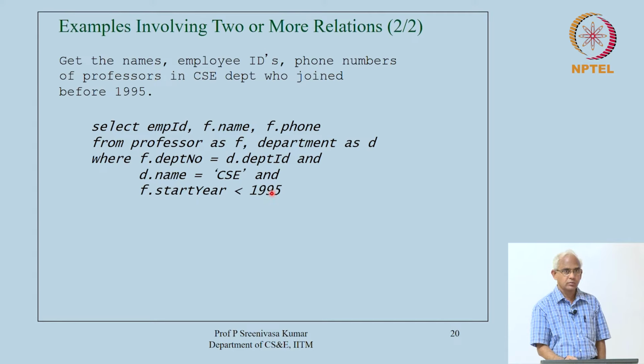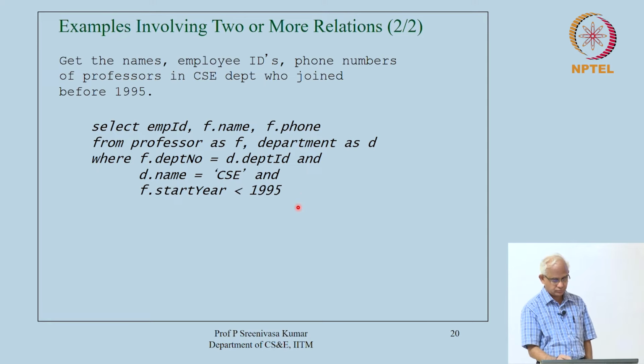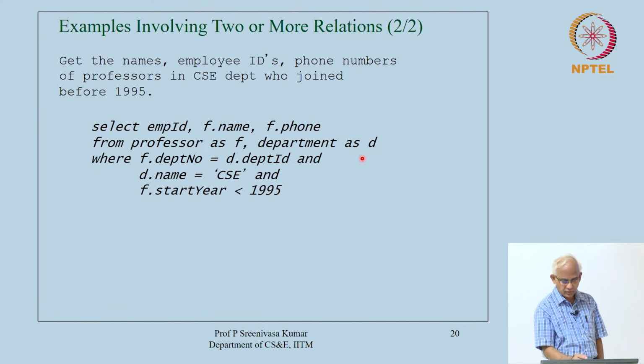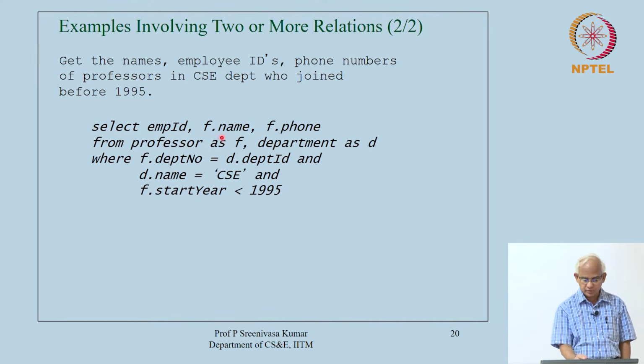Is that clear? Now, you may say that probably we do not need the table aliases here. Can you please check whether the department and professor have any common attributes?